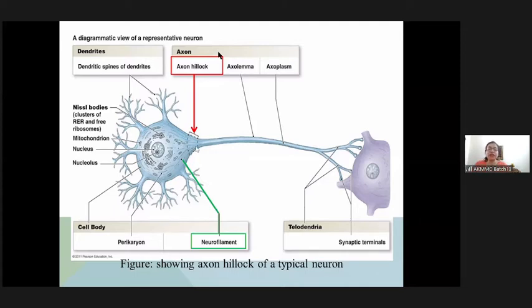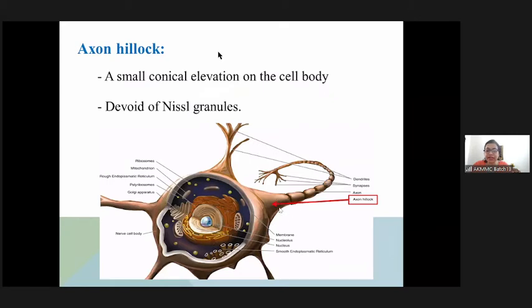Now, can anyone tell me what is the axon hillock? Axon hillock is a part of the cell body. What is the shape of this part? Conical, like a cone ice cream.